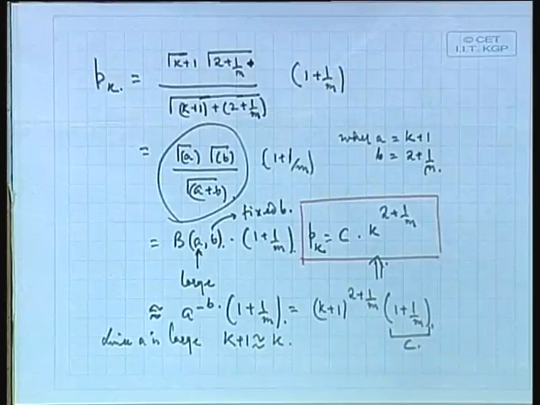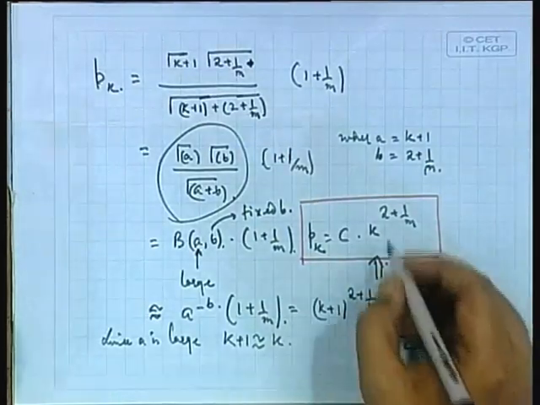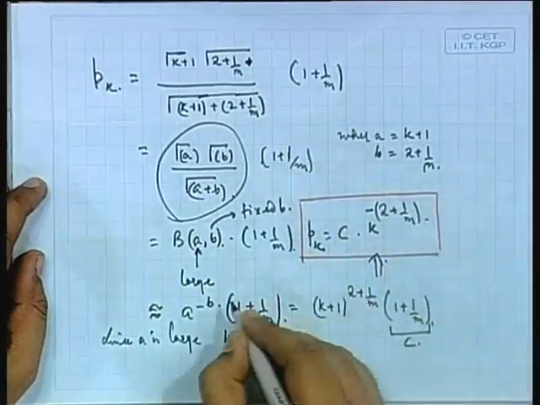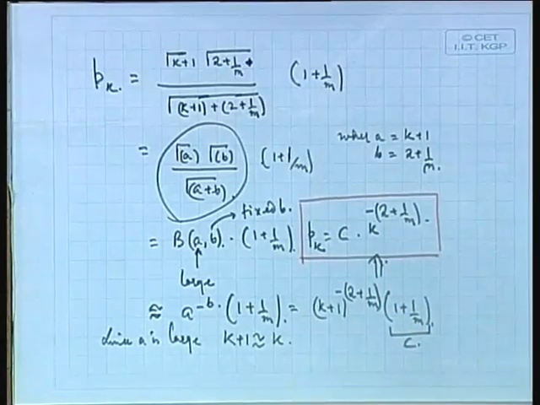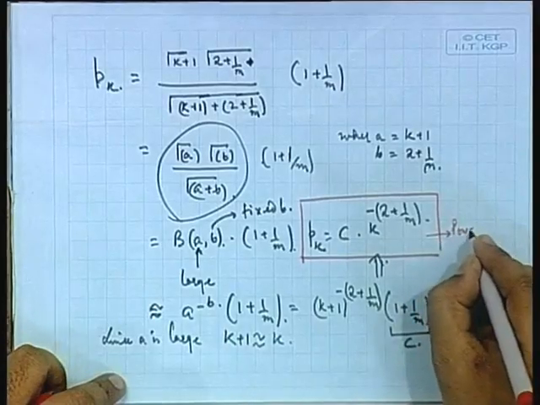Okay. k is large. Yes, that minus has to be there. Thank you. So, what is this now? This is a power law. Immediately you see that with such a simple model you arrive at a power law.